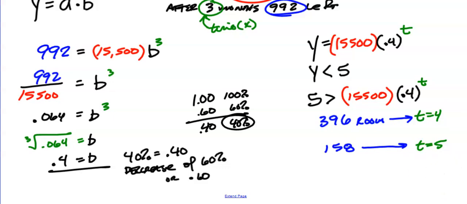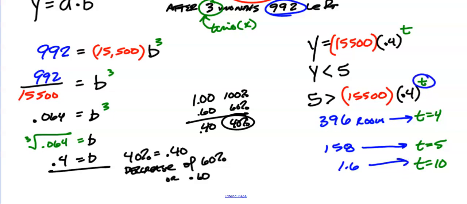Let's see what happens when t is equal to 10. 15,500 times 0.4 to the power of 10 gives us 1.6. So now we have 1.6 rooms, which is basically less.